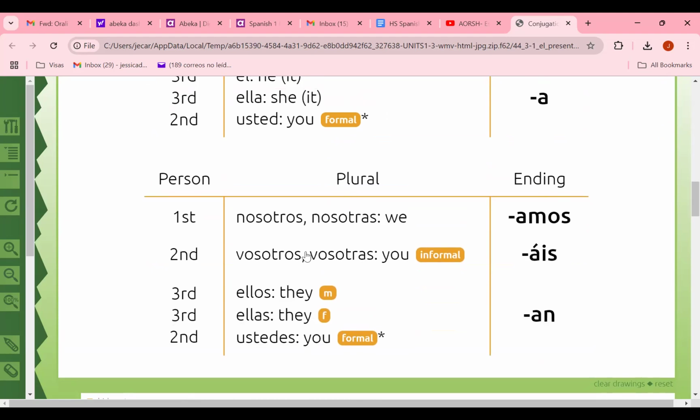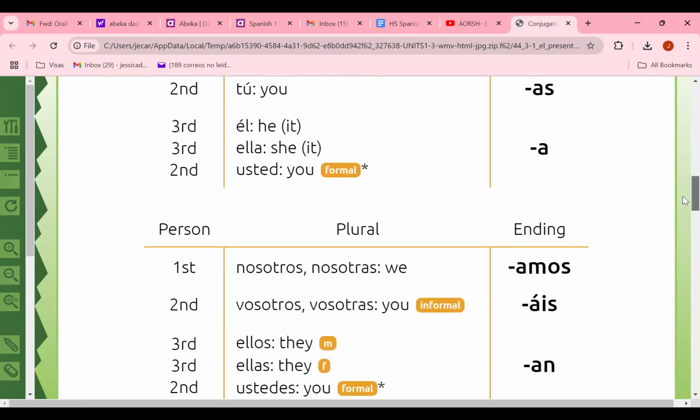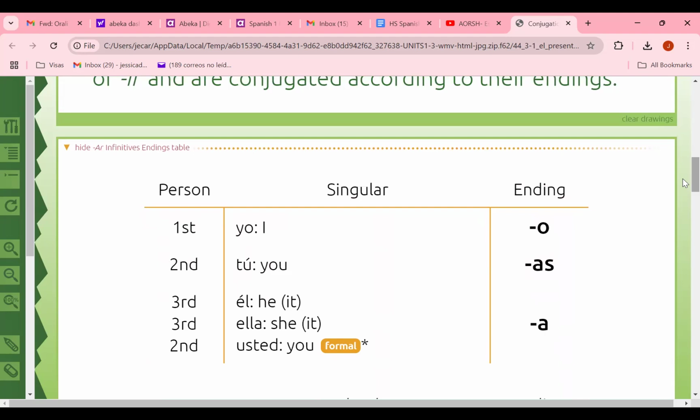And then we have nosotros, vosotros. I don't really want to do vosotros because nobody uses this, but we'll see. And then ellos, ellas, y ustedes. So those are the pronouns. You should know what they are and what they mean, because you're gonna need that to learn how to conjugate the verbs, because it will depend on the pronoun we're using, the person that we are referring to.